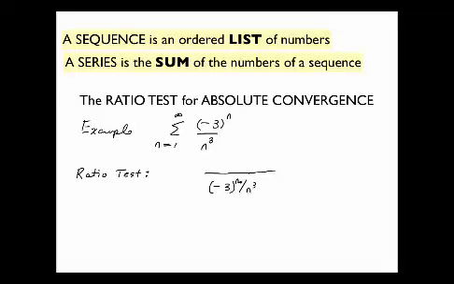And then what is the next term of the sequence? a_(n+1) would be negative 3 to the n plus 1 over n plus 1 cubed. Okay, and we're going to look at that ratio. We're going to simplify that ratio and take the absolute value of it, and then the limit as n gets very large.